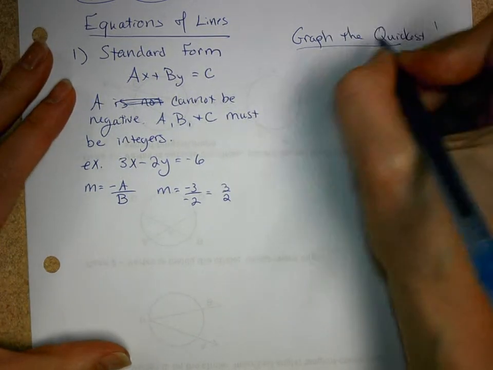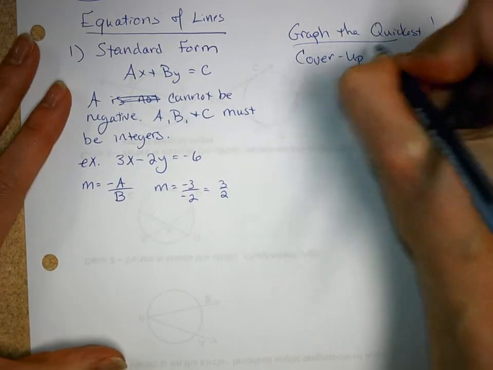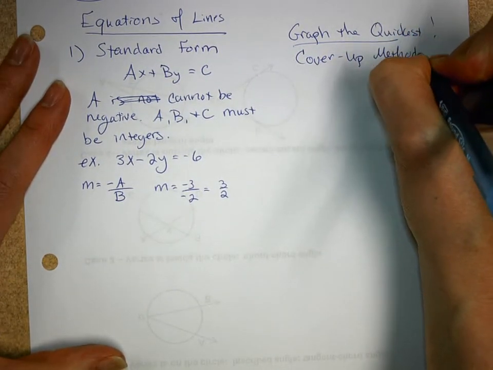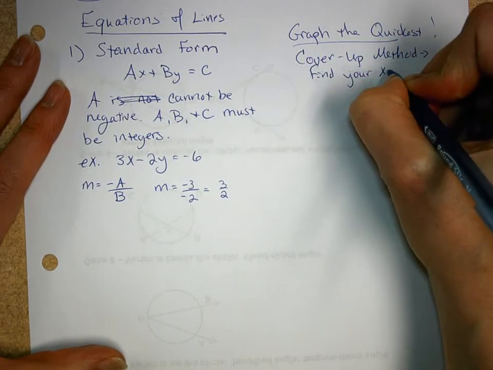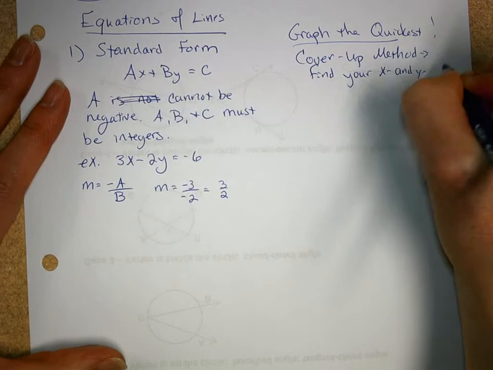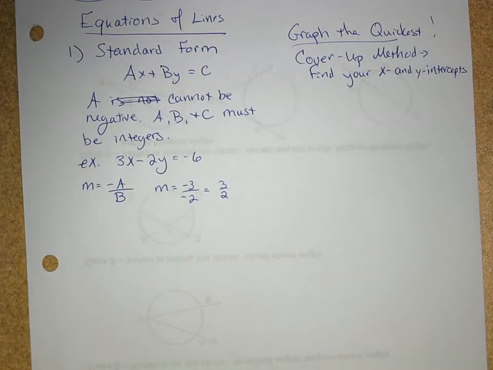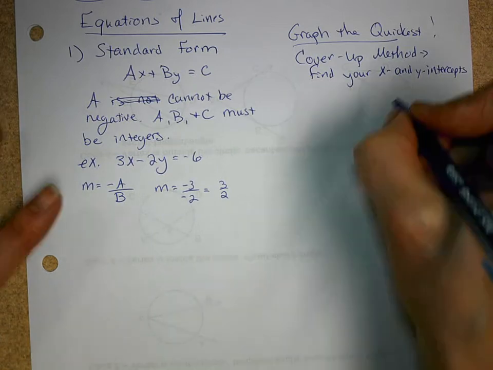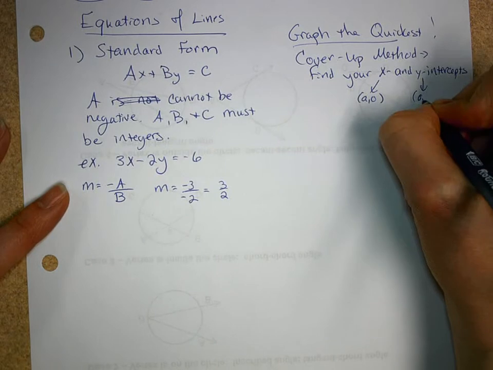Good. We call it the cover-up method, or I like isolate the word also. Cover-up method, which really means what? Find your x and y intercepts. So remember, if you have an x-intercept, that's an ordered pair. Your x-intercept would be (a, 0), and your y-intercept would be (0, b).